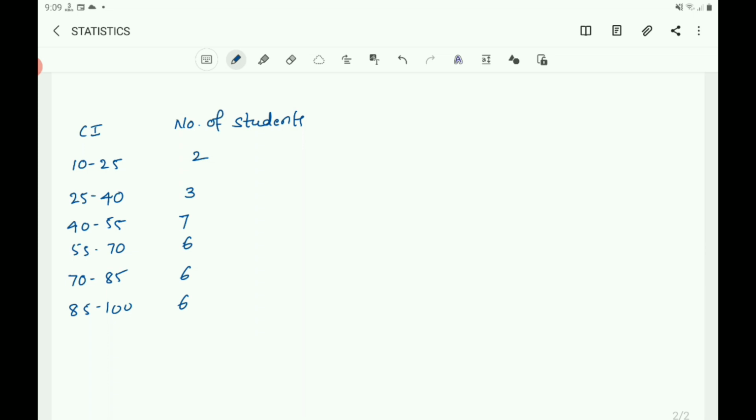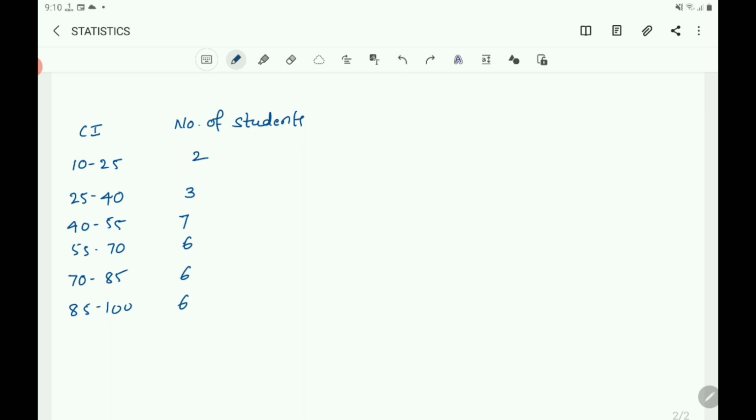Here, for each class interval we require a point which would serve as the representative of the whole class. It is assumed that the frequency of each class interval is centered around its midpoint. Here we have to find the midpoint of each class.